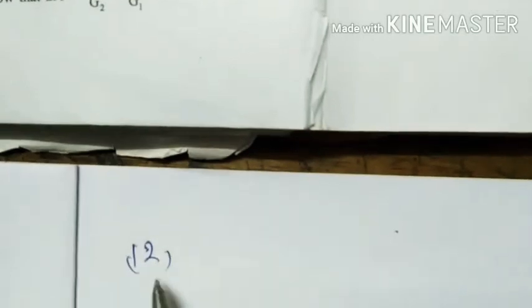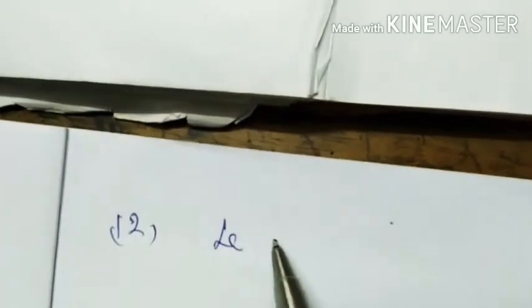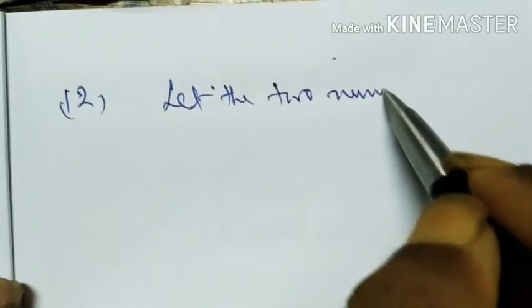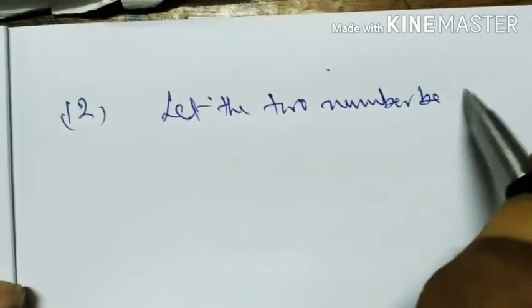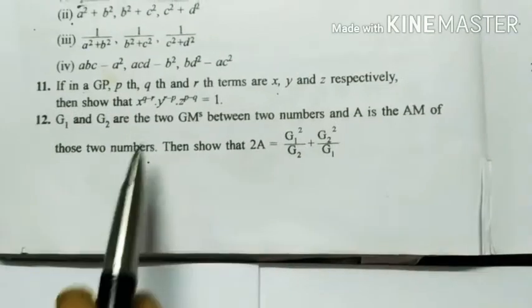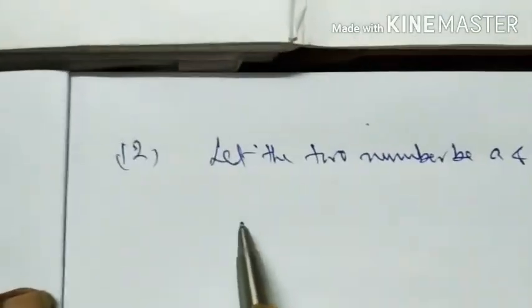So for question number 12, let the two numbers be a and b. Now G1, there are two geometric means.